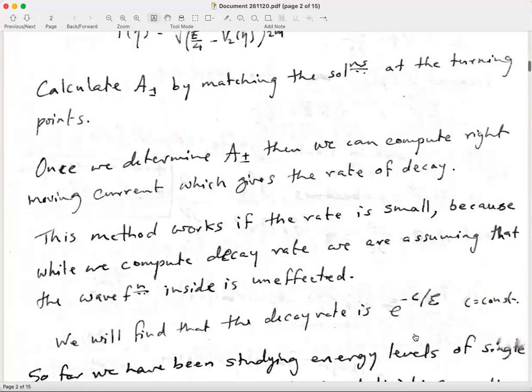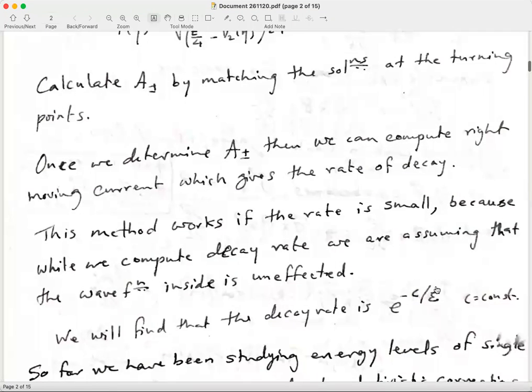So what we will find is that this problem would have a decay rate that goes as some exponential of minus some constant by the strength of the electric field. We are not actually going to do this calculation because that would probably take a couple of lectures. But the point is that if the electric field is very large, then you would find that e to the minus c by E is closer to 1.